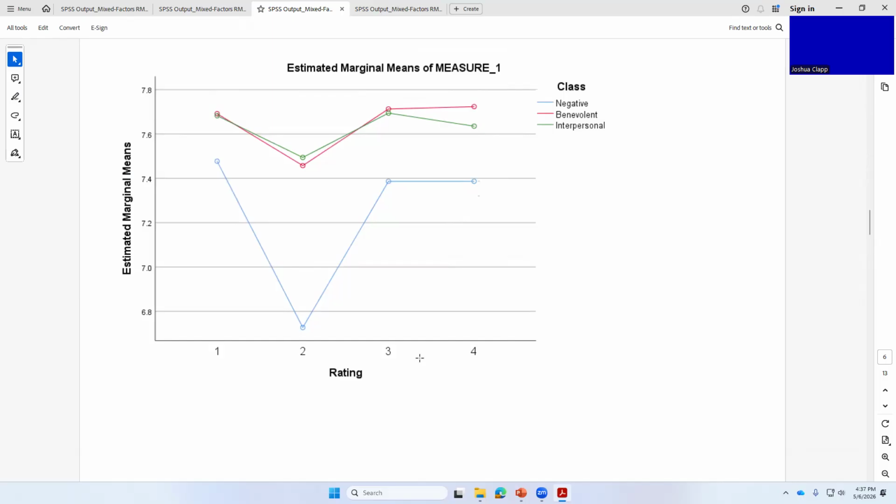And so what I'm going to say is that for an exploratory set, because I came up with this after I had looked at my graph, I'm going to say that my negative group will be less than the combination of benevolent and interpersonal at each vignette.